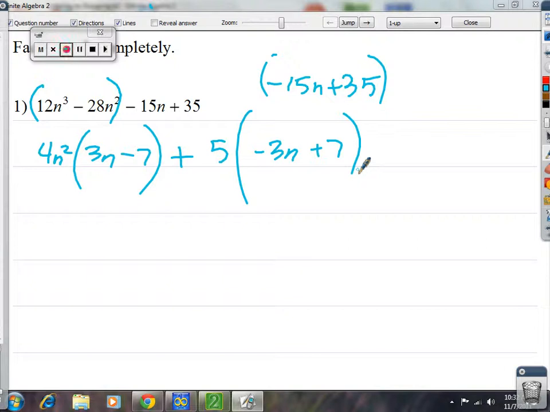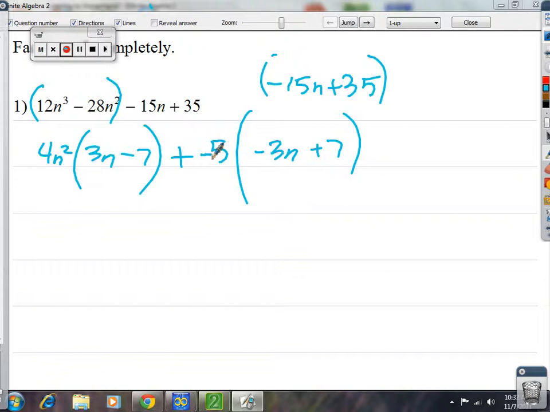Unless we could make them be the same. How could we make this 3n minus 7 equal this? How can we make them the same? Joey said, what if instead of pulling out a 5, you factored out a negative 5?